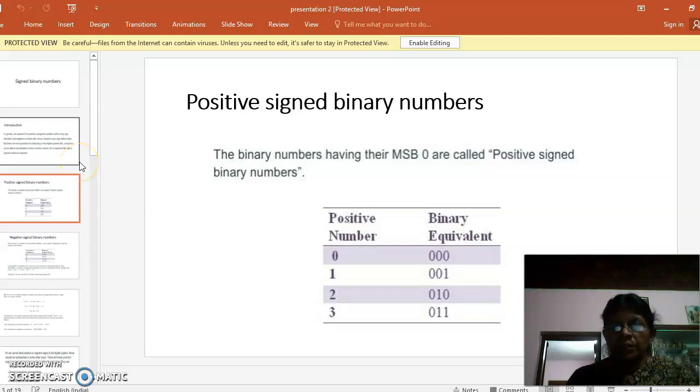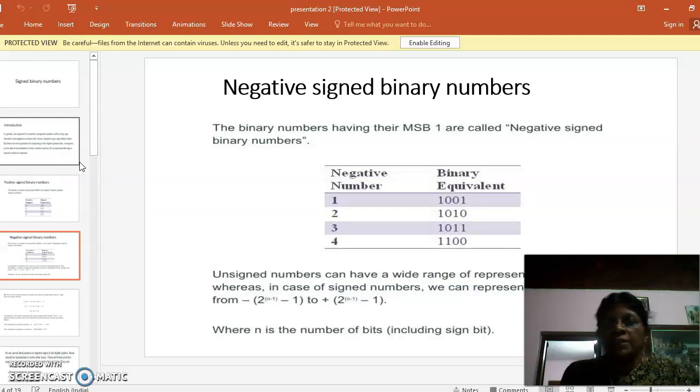The next one is negative signed binary numbers. Binary numbers having their most significant bit as 1 are called negative signed binary numbers. The binary equivalent of the negative number is also highlighted here.